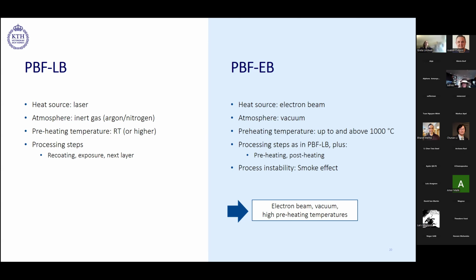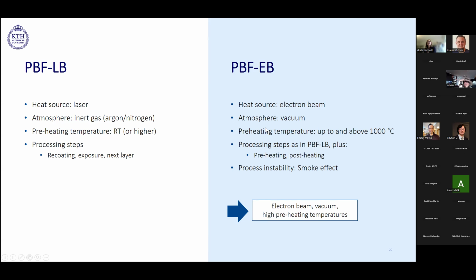Otherwise you have the same processing steps, but with the extra preheating and post-heating typical for EBM. And then you have the same defects as you would see in laser powder bed fusion, but in electron beam you also have a process instability called the smoke effect, which we will come back to a little bit later, which is interesting.